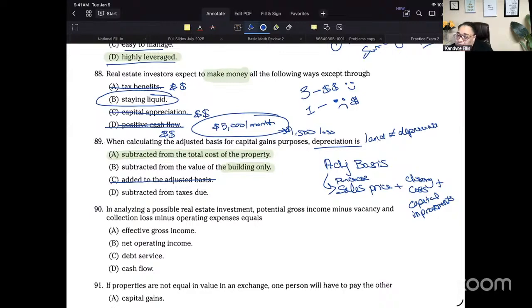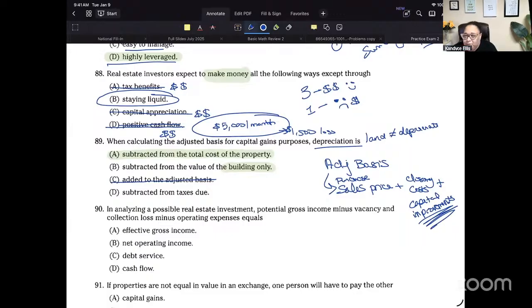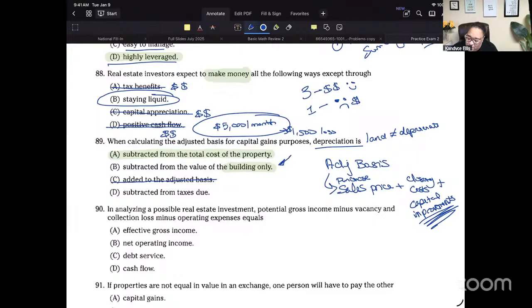$125,000. In theory, you could say the reason you're doing capital improvements is because it's out of date, it's depreciated, and you want to bring it back up. I could see how A could be the answer there, but I think a better answer would be B, because if there is depreciation, it's only going to the building.